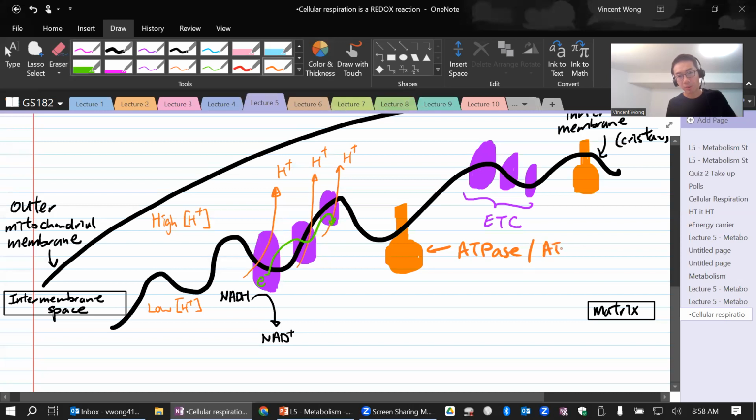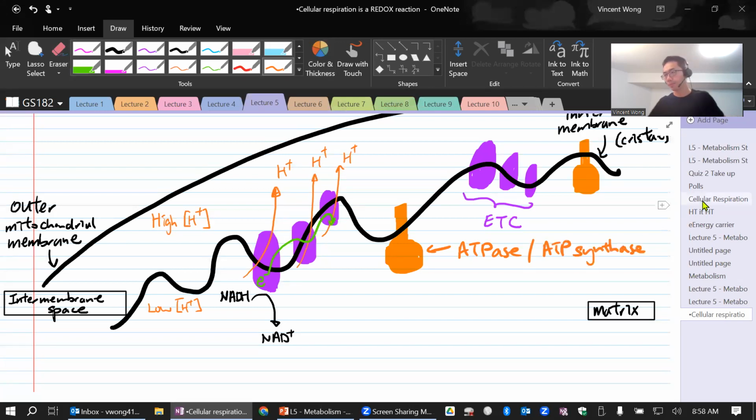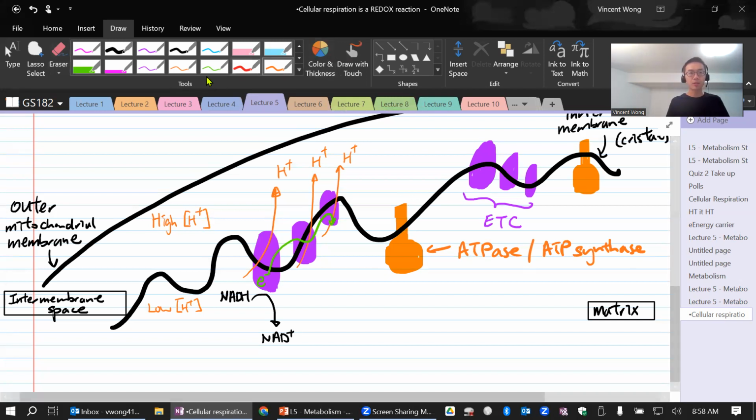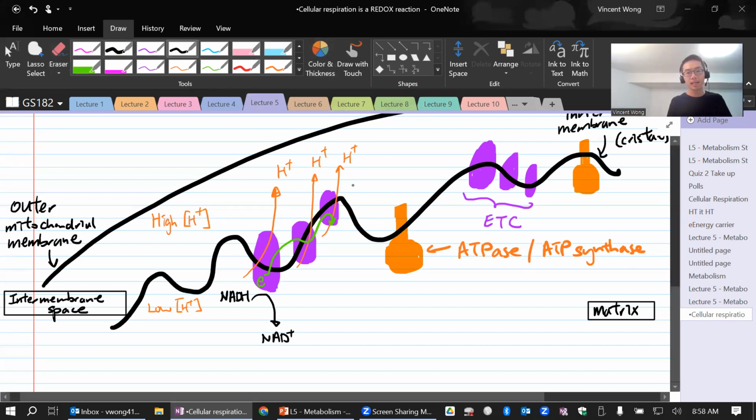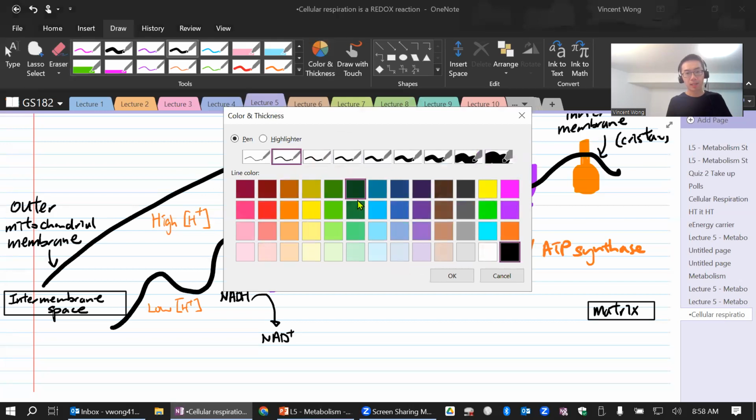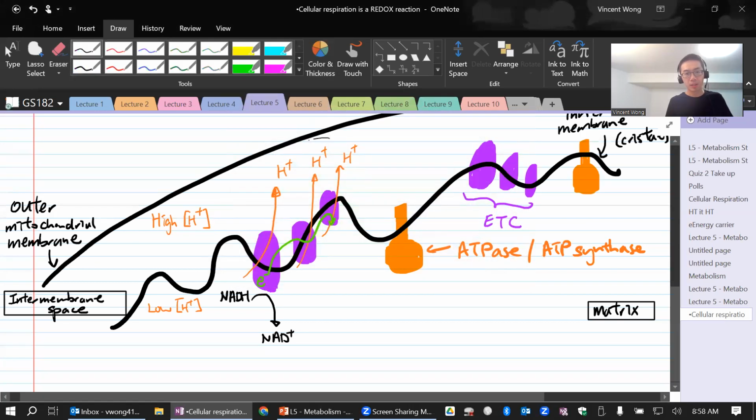Sometimes the textbook will also say ATP synthase. Doesn't matter, same thing for us. This is like the turbine. It provides a way for the H plus to go through and come back in.